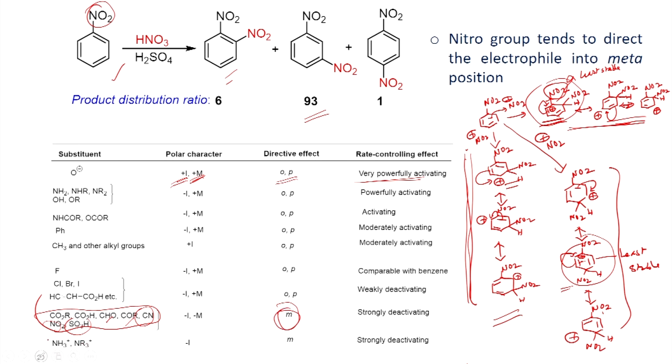And same thing if you have the NH3 plus or NR3 plus, always the reaction takes place at meta position. On the other hand, if you have the electron donating group like methyl, amide, amino group, methoxy group or alkoxy group or halogen, usually the reaction is favored predominantly at ortho and para positions.